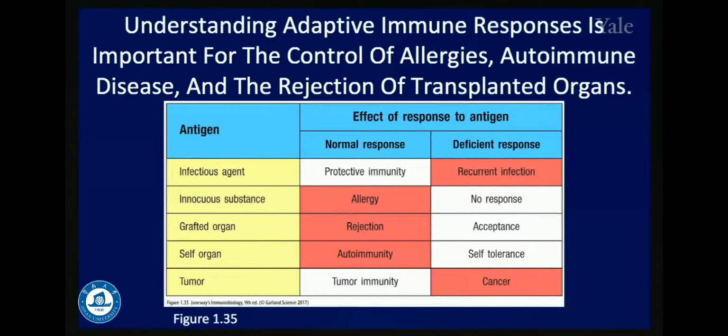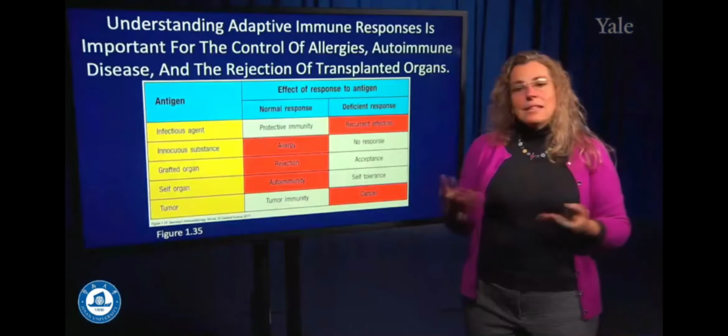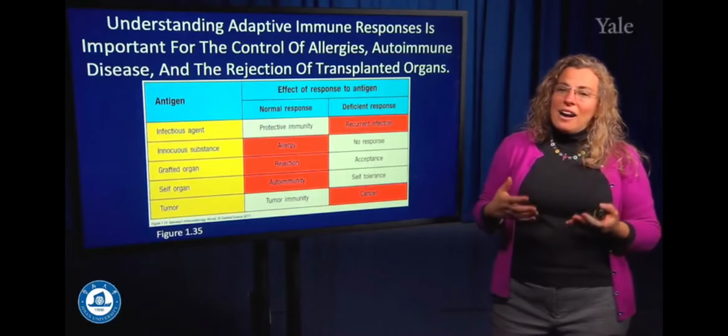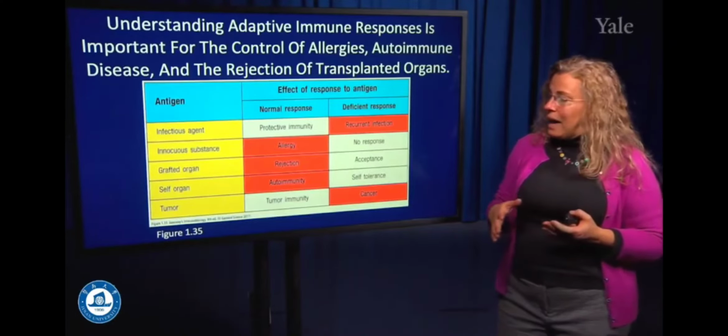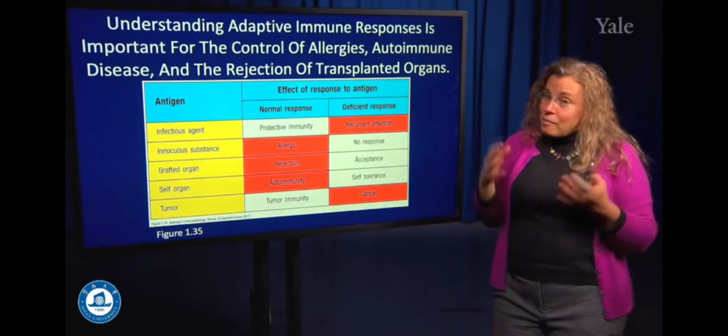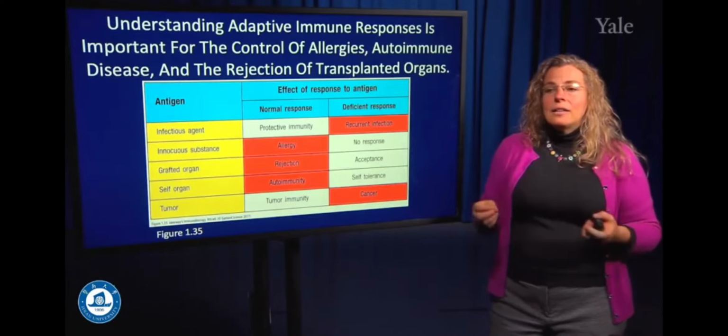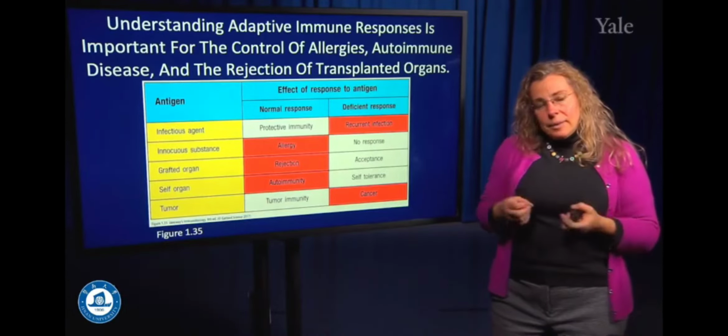Now, a grafted organ, our immune systems really didn't evolve to deal with getting an organ from somebody else. So that's sort of an artificial system that we've been able to create and save lots of lives, but our immune system becomes a little bit of a problem, or a big problem with that. Our immune system is designed to reject and eliminate something that's foreign.